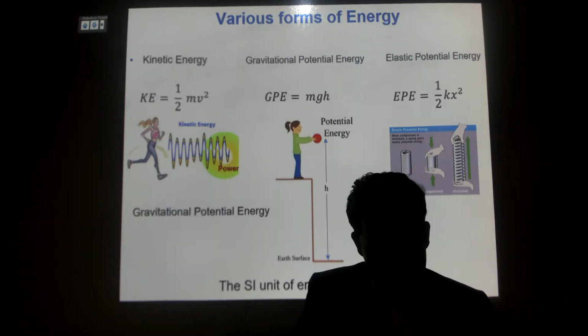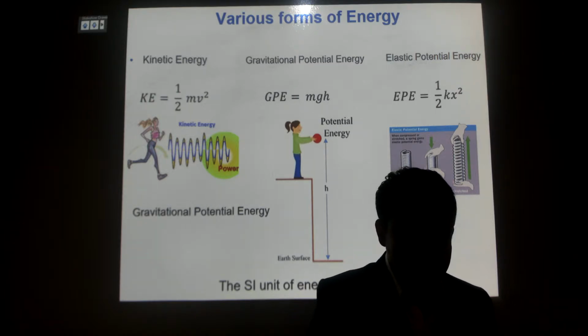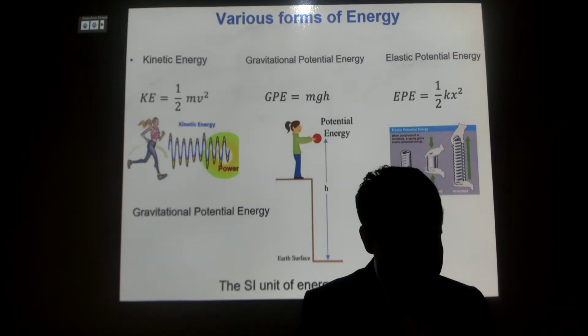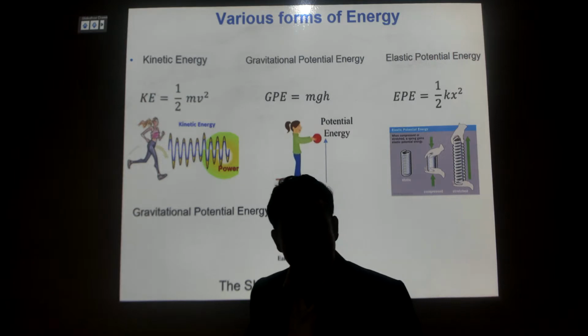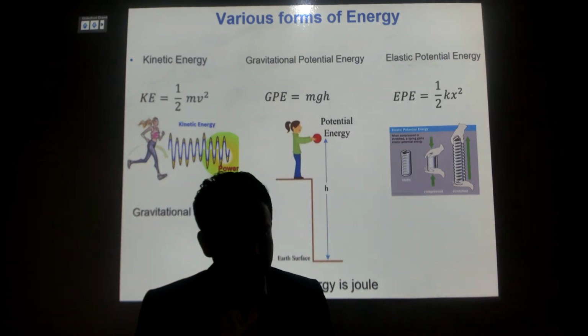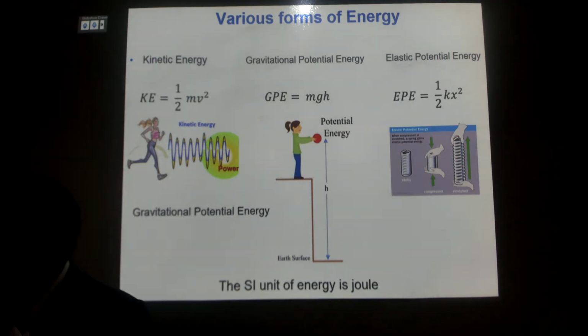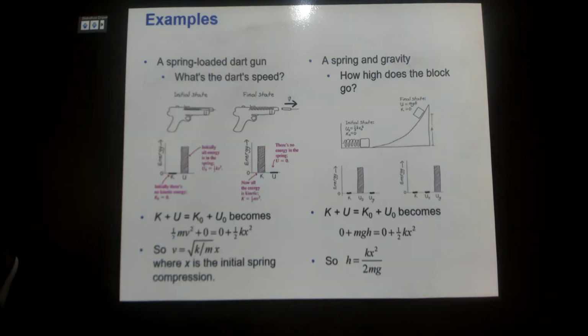When you press the trigger, all the elastic potential energy is changed into kinetic energy. It doesn't matter what forms of energy we have, the unit of energy is always the joule, the SI unit. And I will give you one example here.